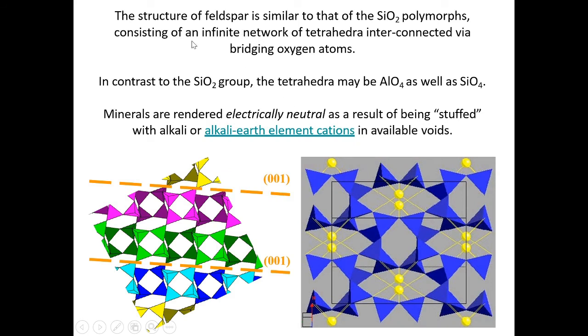Structure of feldspar. Two major minerals of this category are quartz and feldspar. The structure of feldspar is similar to SiO2 polymers, as I told, but to neutralize the charges, there are some cations in between the complex structure of tetrahedra. Right. So minerals are rendered electrically neutral as a result of being stuck with alkali or alkaline earth element cations.